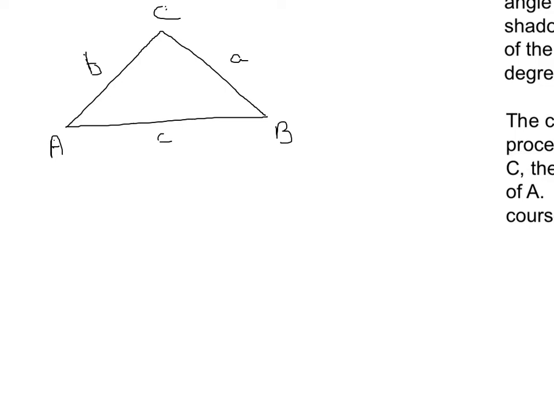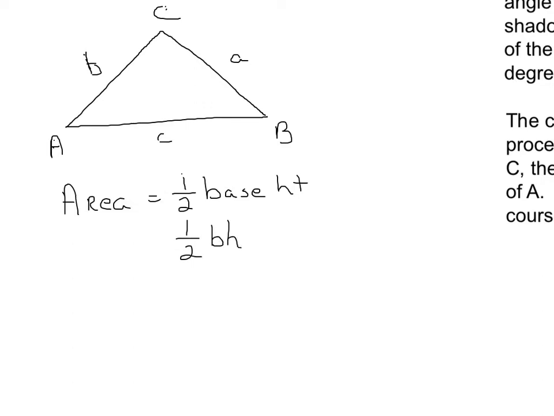I want to begin today's lesson by looking at the area of an oblique triangle. Now remember, area of a triangle is half the base times the height. In other words, half b times h.